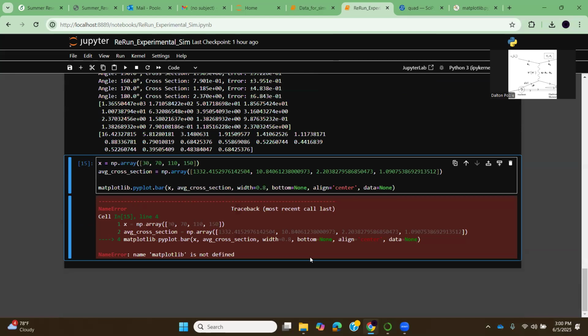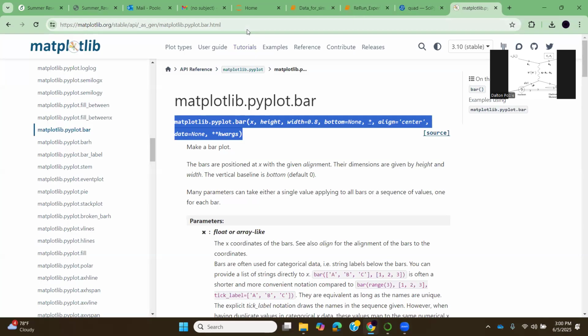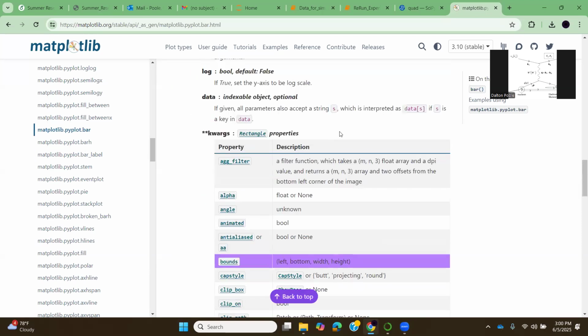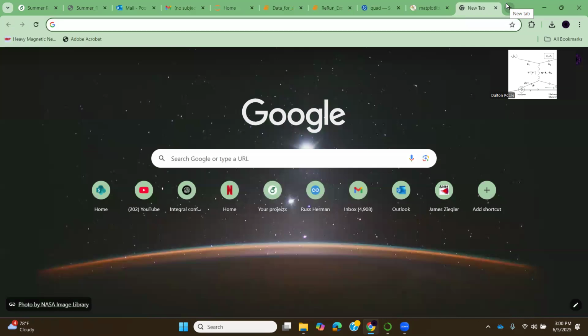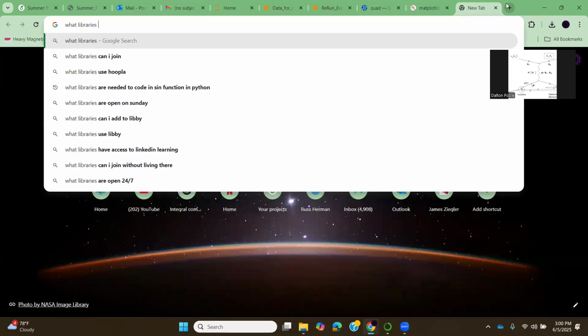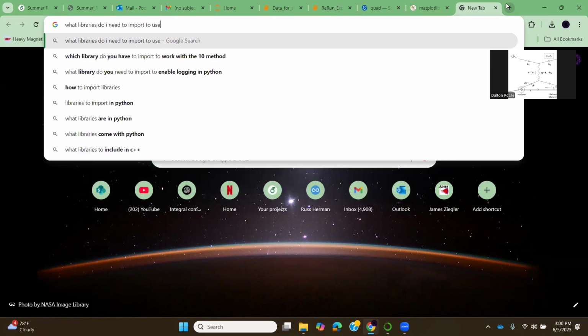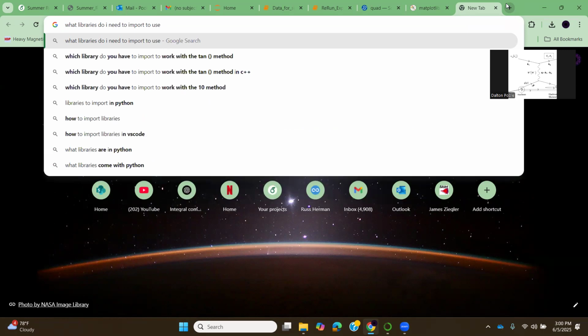Well, sure it is. Do I have to import anything for this? So now I'm basically looking up what I need to put in the library's line of code to make sure that I can use the bar graph.